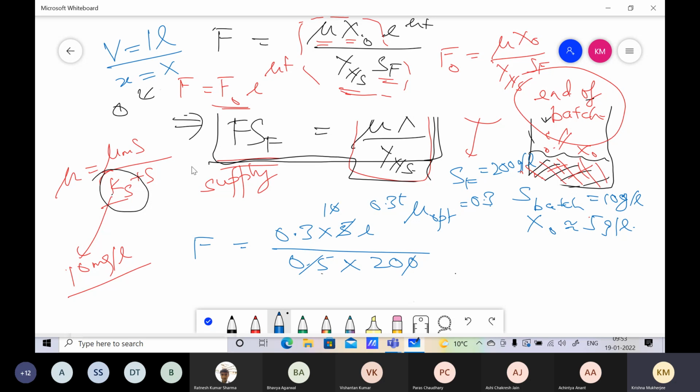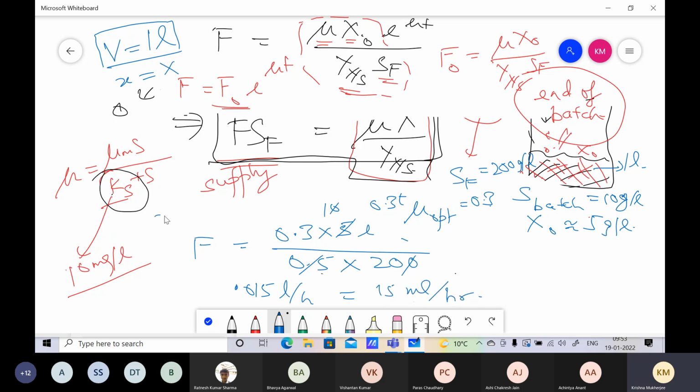I forgot to choose the basis of the reactor volume, because without choosing... So in a 1 liter reactor, my feed should be 0.3 by 20. How much is that? 0.015. So this is 0.015 liters per hour, which is equal to 15 ml per hour.